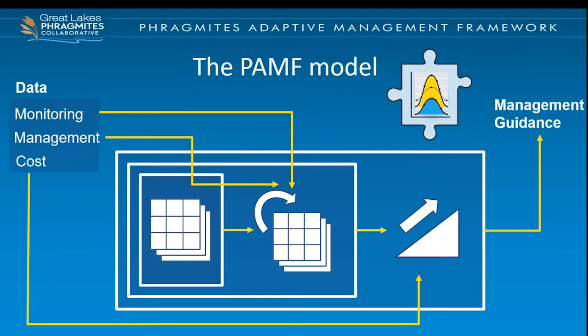And you can also tell us if you're not able to apply herbicides, because we don't want to recommend a combination that you're not able to implement. And all of that is taken into consideration by the PAMF model as well. So if you tell us, hey, we're in Ontario, our sites are over water, we can't apply herbicides, that's no problem. We're not going to recommend an herbicide combination to you.